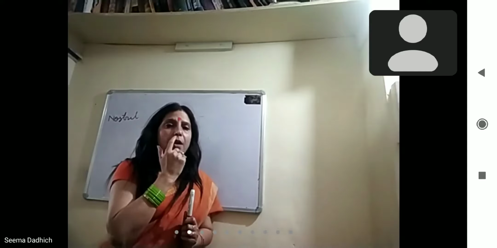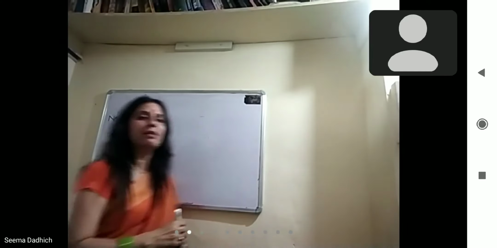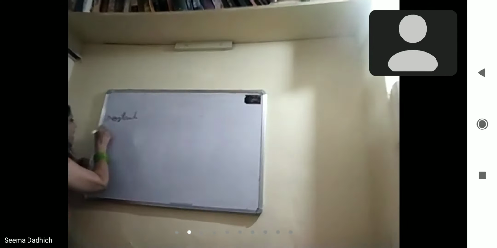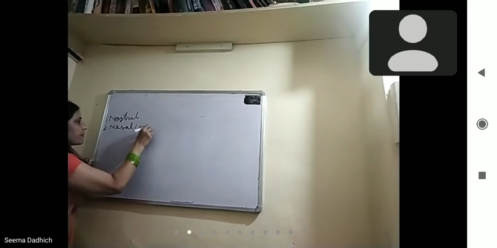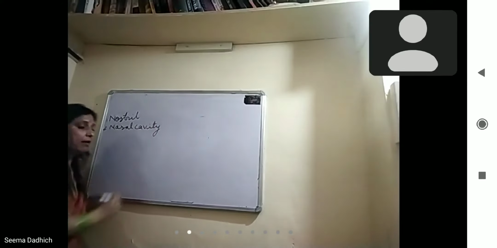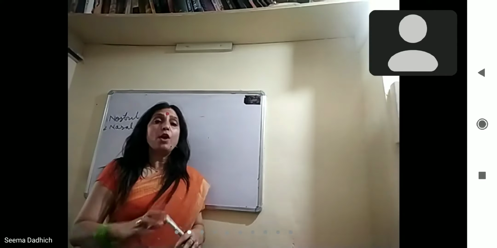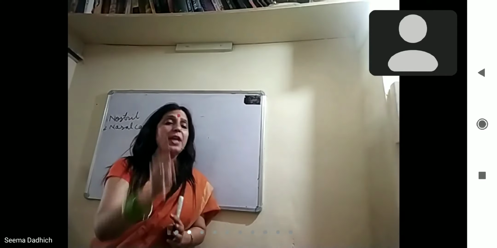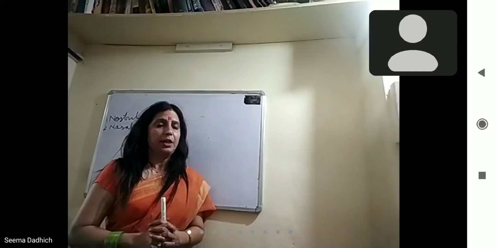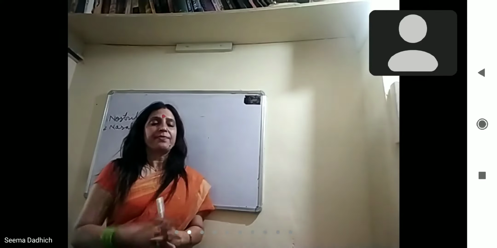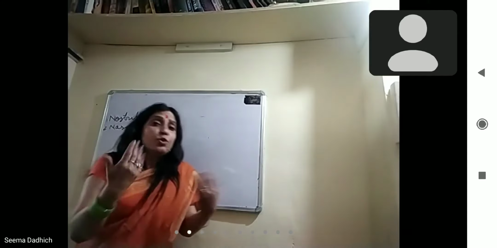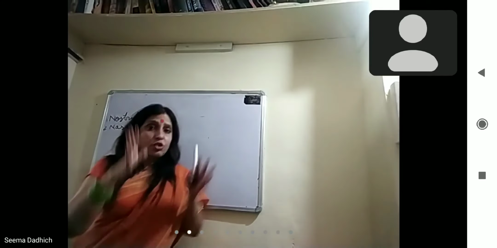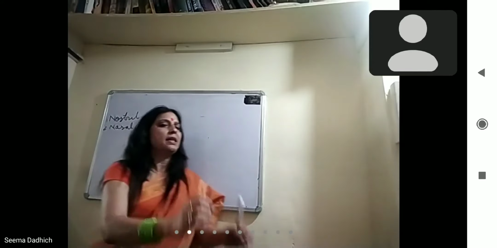The nostril opens into the nasal cavity, so the second part is the nasal cavity. In the nasal cavity, what is present? When you check your nasal cavity, you will find air present. What is the use of this air? It stops dust particles and germs.